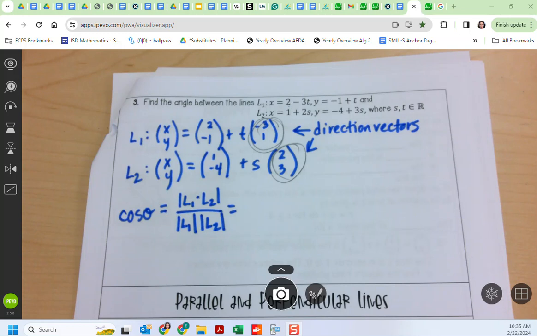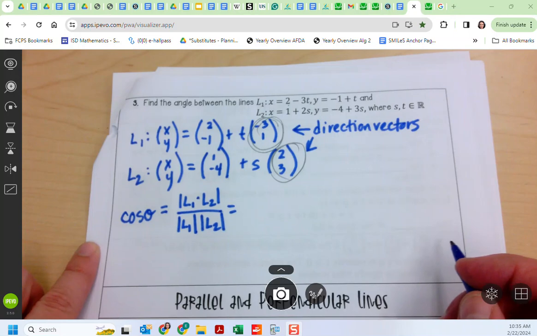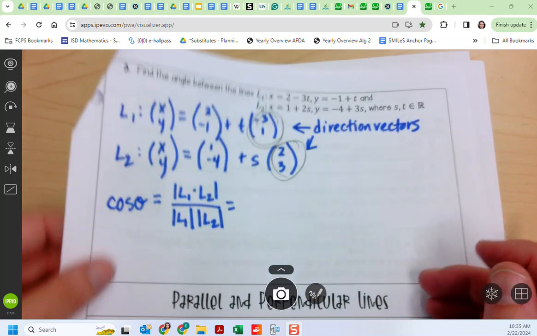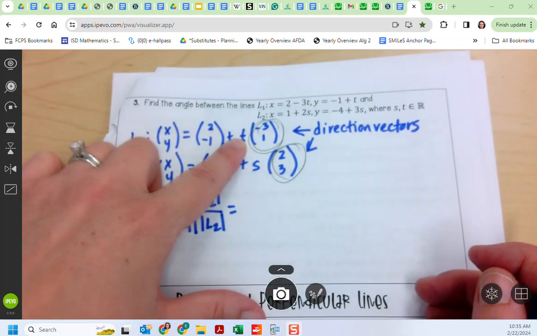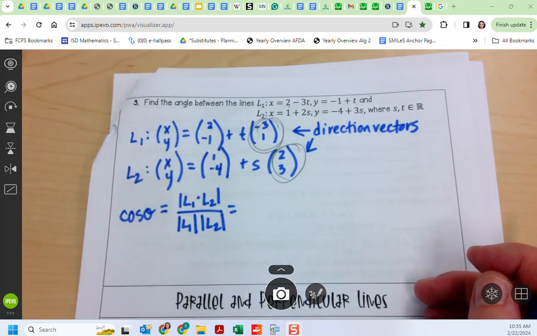That formula is the same formula, it's just the variables look different. That's the cosine of the angle. Well, it comes back from when we defined these in the first place, but it's the one that has the variable on it, the parameter on it. L1, L2. Yeah, L1, L2.